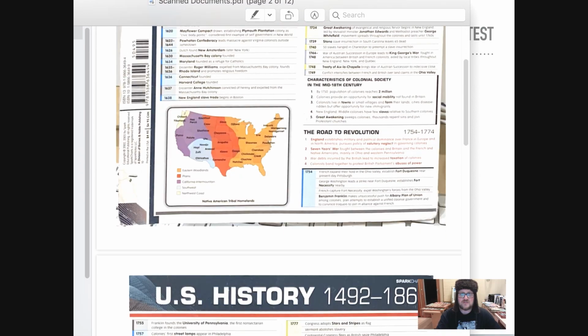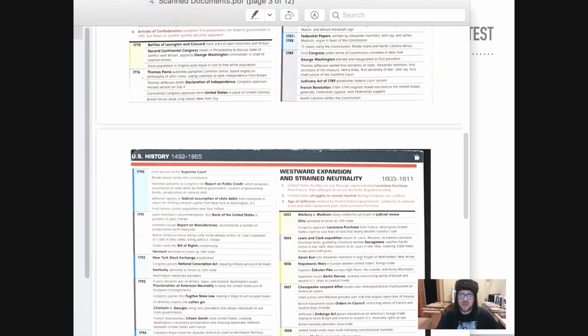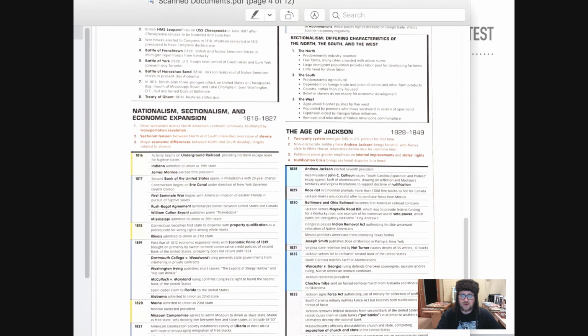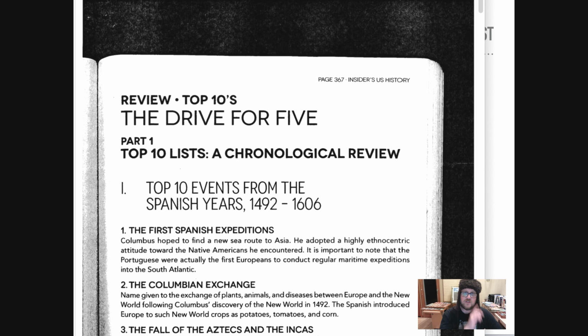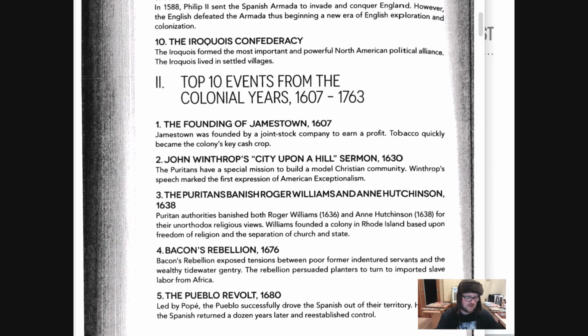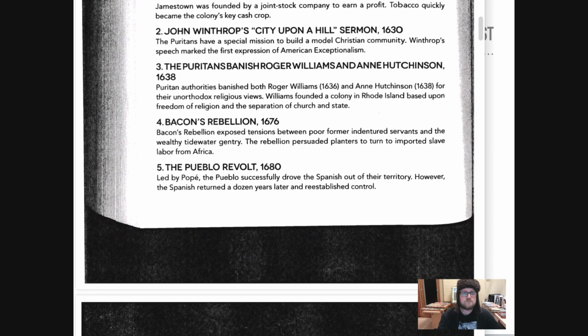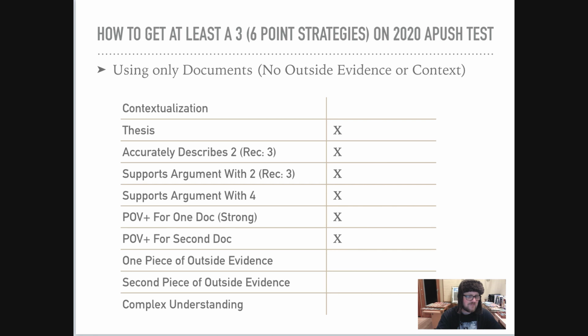That'd be a great piece of evidence and great piece of documentation to have right next to you when you're writing this DBQ. Another great thing, I love this, is the drive for a 5. I'll download this also, so you have the ability to look at all these different points of evidence to use on your essay. And the last thing, if it's going to be a political essay, this is a great thing to use, is this one right here.